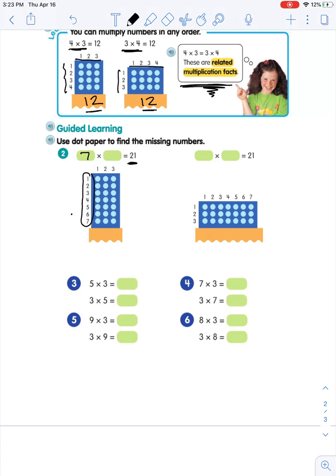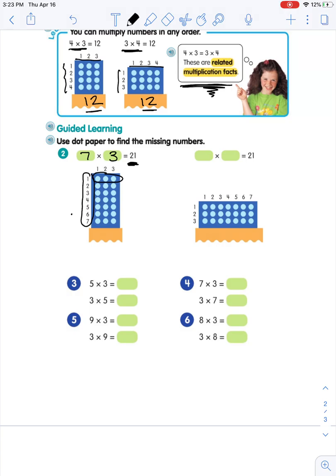And if there's 7 rows, I want to know how many are in each row. Well, if I look over here, there's 3 in each row. So say this with me. 7 times 3 equals 21. If you want to be positive, go ahead, count all those dots, or skip count by 3 7 times. You will land on 21.